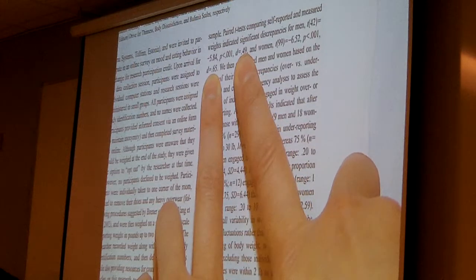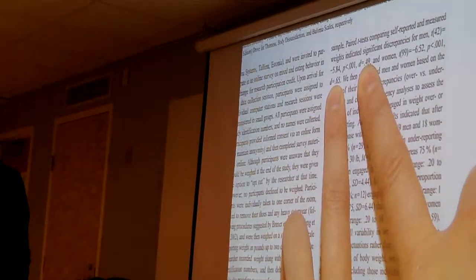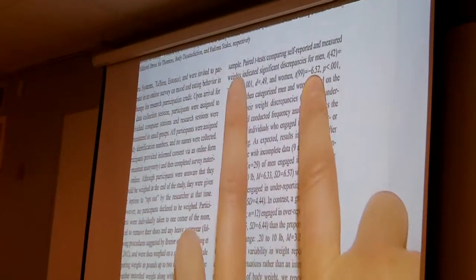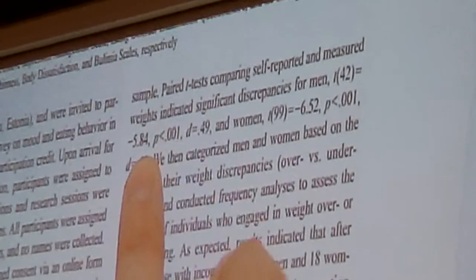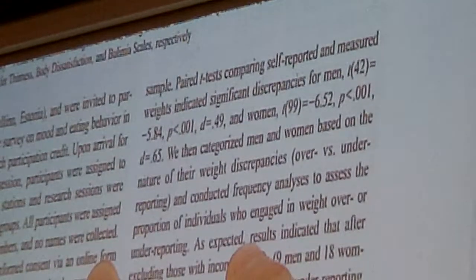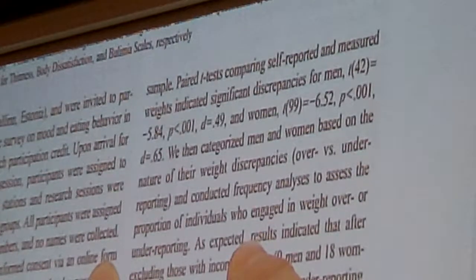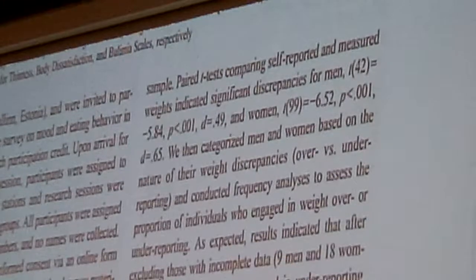So we're seeing differences in effect sizes for men and women, although in both cases we see negative scores. When they talk about self-reported and measured weights, both men and women are under-reporting, 60 to 70% of men and women are under-reporting their weight.